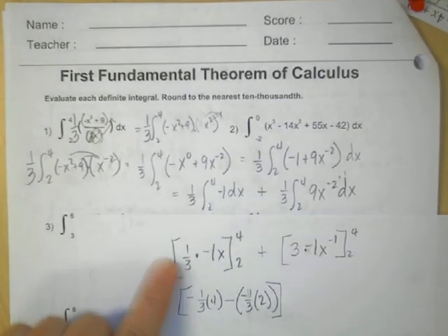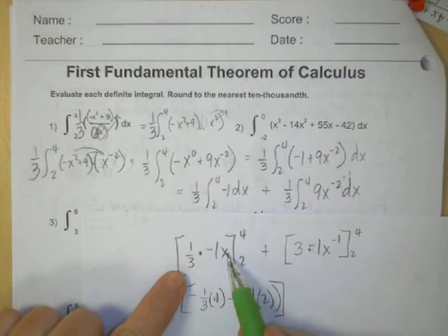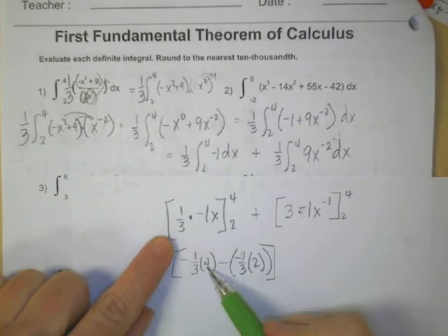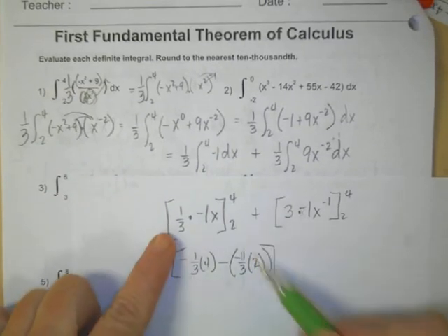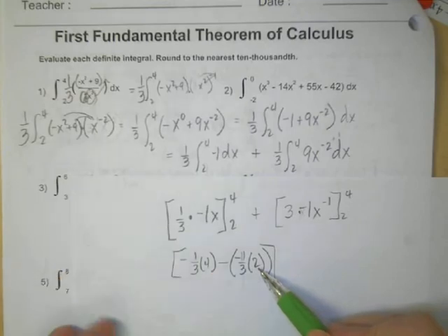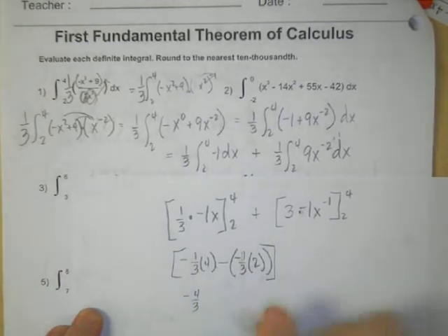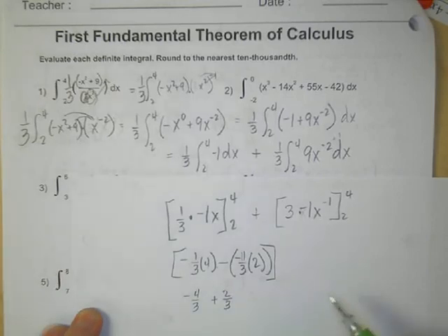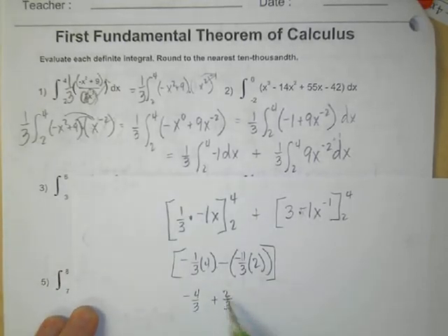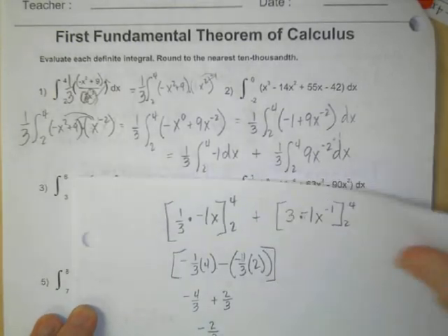Notice I'm substituting in 4 for the x, and then I'm substituting in 2 for the x, and then I need to subtract those two values. So I get negative 4/3. Negative times negative gives me positive, so positive 2/3. And negative 4/3 plus 2/3 is negative 2/3. So there's the first one.